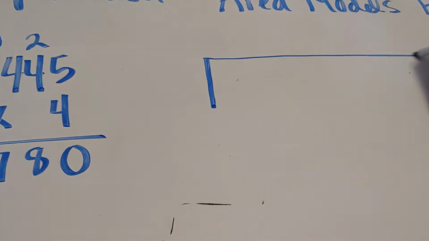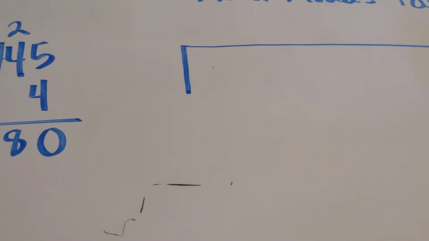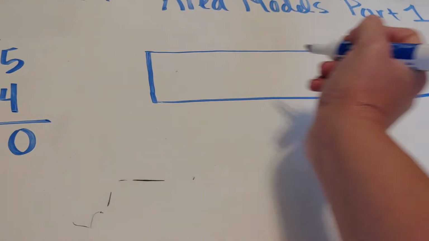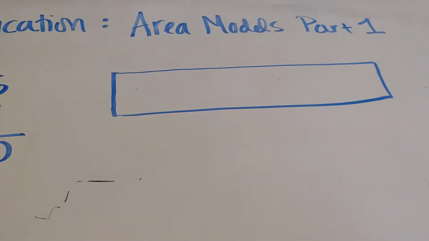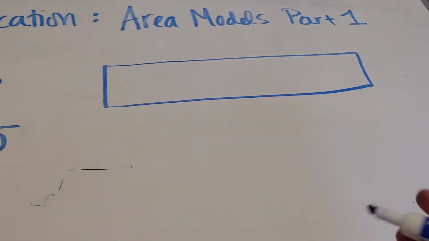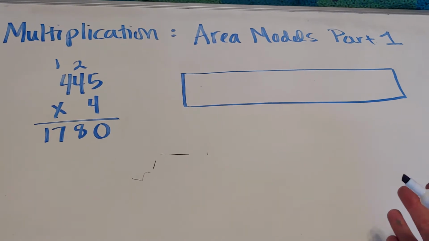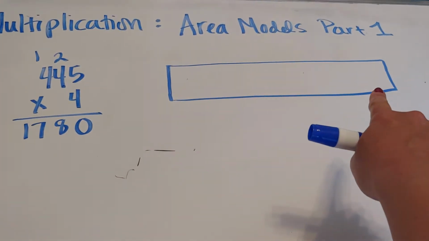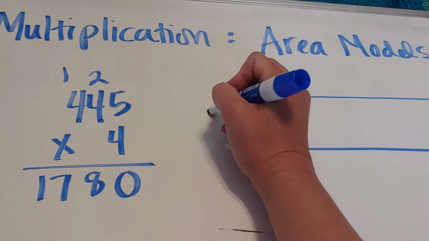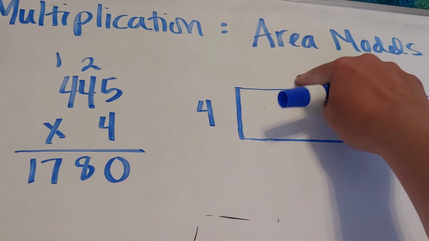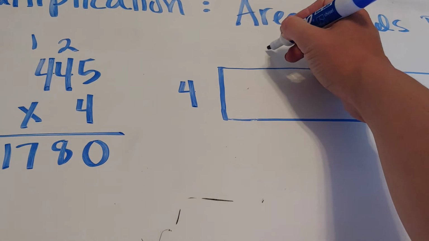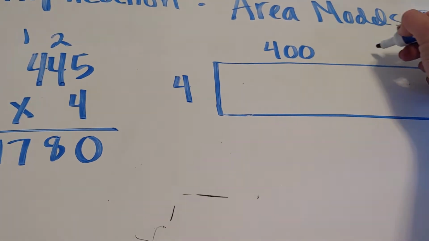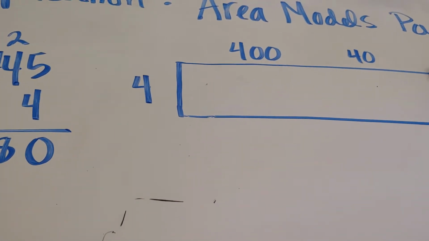An area model, at this point, will look like a tape diagram, but it will actually become bigger and be more of a square shape in just a little bit. In this video, we're going to represent 4 times 445. So we're going to write 4 on this side, and over here, I'm going to write 445.